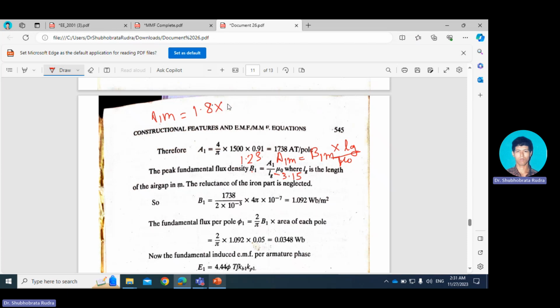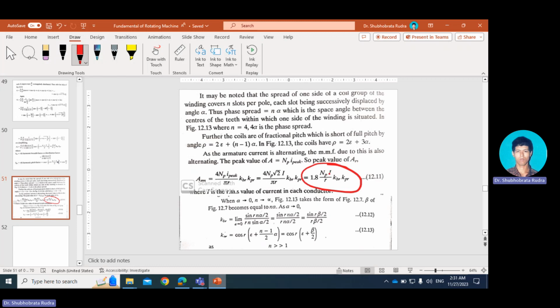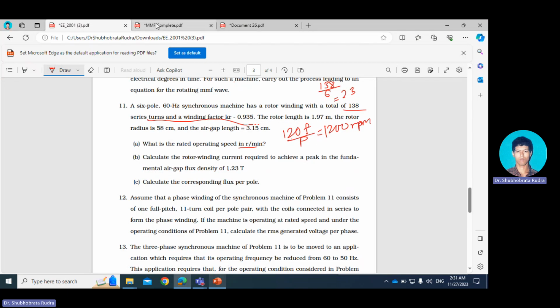So 1.8 into 23, then the formula here: 23 into I, where we need to find out I, and this one is given.